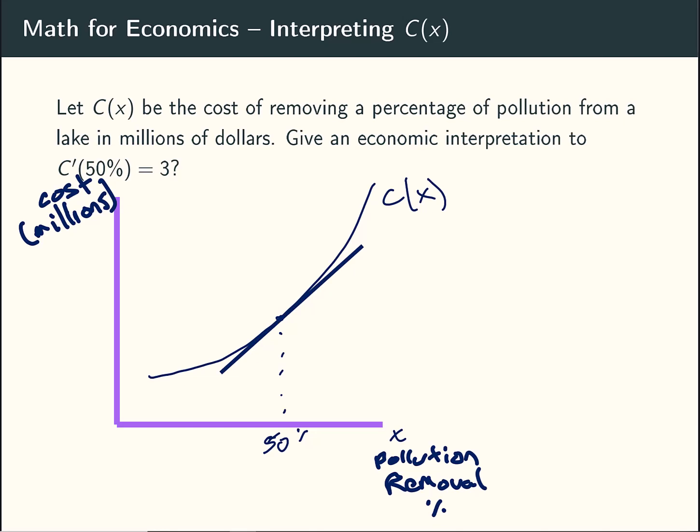So if I draw a tangent line at the point on the function associated with 50% pollution removal, the slope of this line is going to be $3 million. So I've gone back and shown you a graphical, mathematical explanation for what a derivative is. The economic interpretation is that once you've removed 50% of the pollution from the lake, if you want to remove a little bit more pollution, it's going to cost you $3 million.